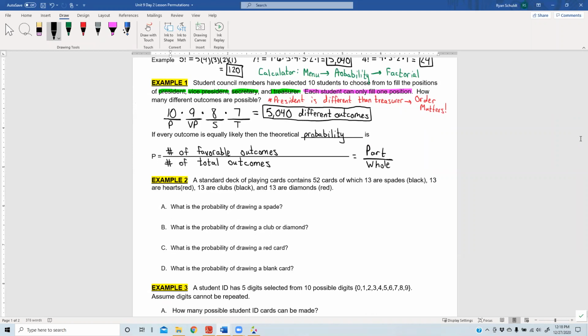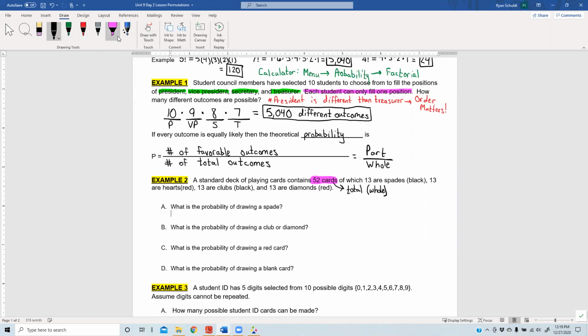So the first one asks us, what's the probability of drawing a spade? Well, before we even get to that, let's name how many total cards. They tell us that there are 52 cards. This is our total. Or in the terms above, this is the whole. The whole deck has 52 cards in it.